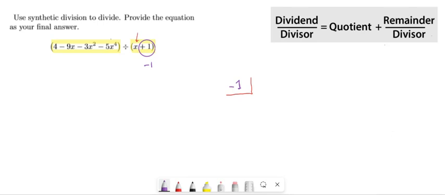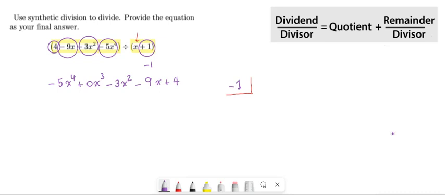So first we write minus 5x to the 4th. Then from x to the 4th we go to x cubed. Since we don't have any x cubed, we assume it is 0x cubed. The following term is x squared, and we have minus 3x squared. Then after x squared we have x, and that is minus 9x, and finally we have the constant, which is plus 4.